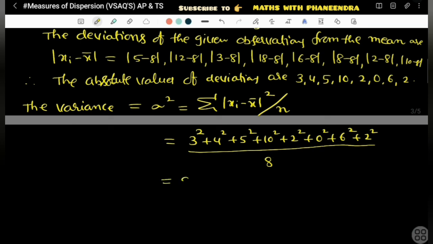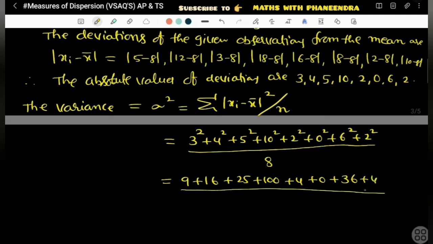That is equal to 9 plus 16 plus 25 plus 100 plus 4 plus 0 plus 36 plus 4 divided by 8. So 25 plus 25, 50, 50 plus 100, 150, 150 plus 40, 190 plus 4, 194 by 8.